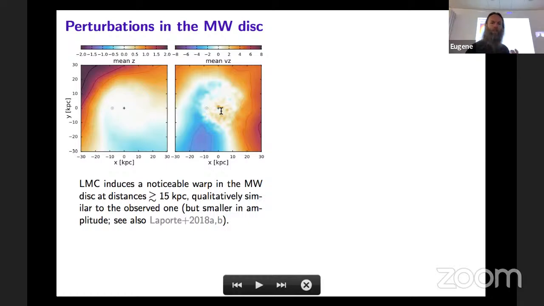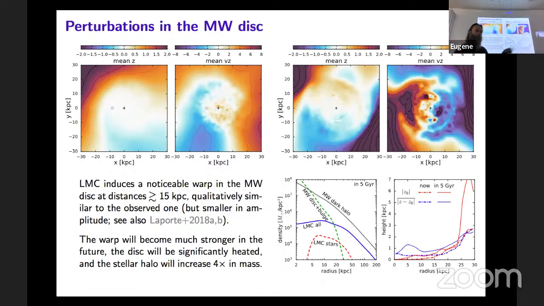The interesting thing is that in the future, the Milky Way disk will be even more strongly perturbed by the LMC as it keeps orbiting the Milky Way, and eventually will also get tidally disrupted. The disk will not be destroyed, but it will be significantly puffed up in a few gigayears from now. So this perturbation from the LMC needs to be accounted for, but it seems that it cannot explain this discrepancy altogether. So there are still open questions.